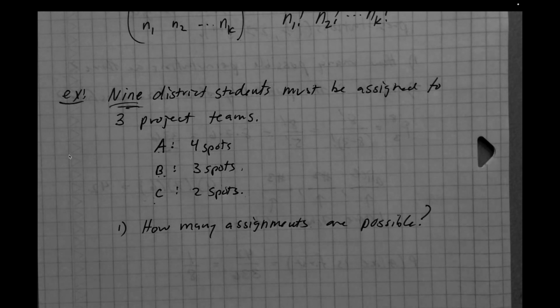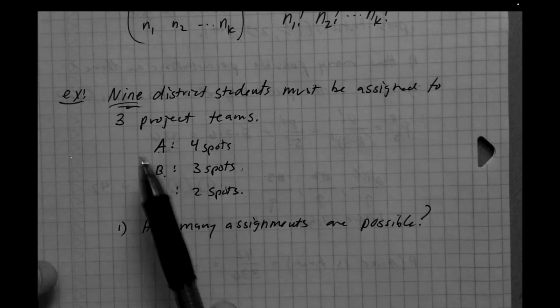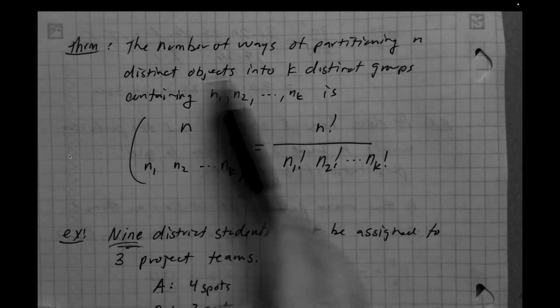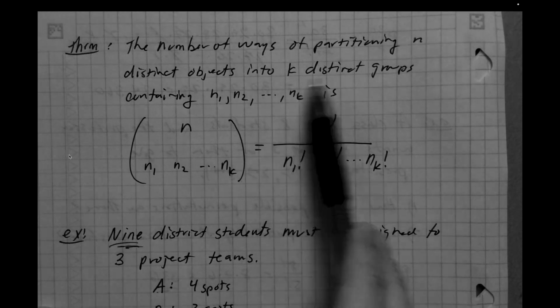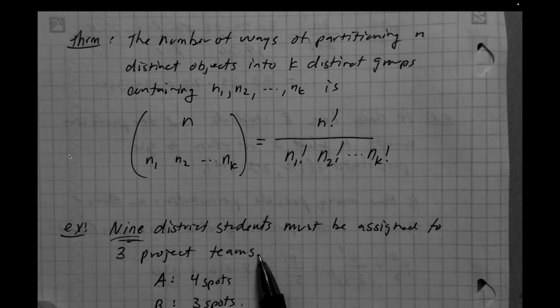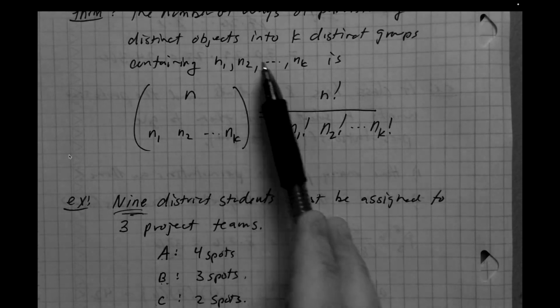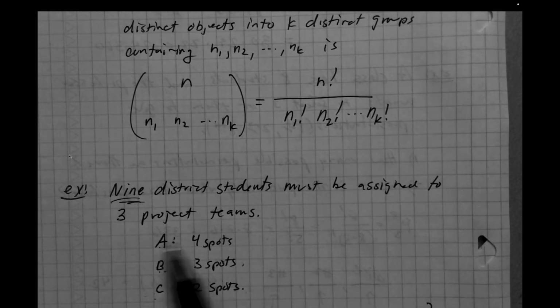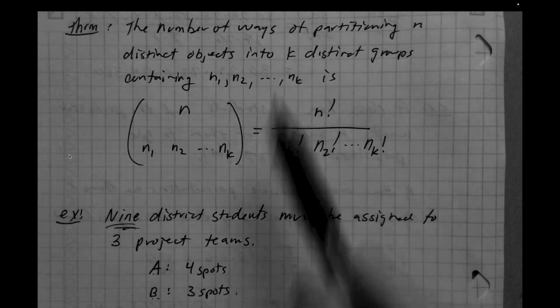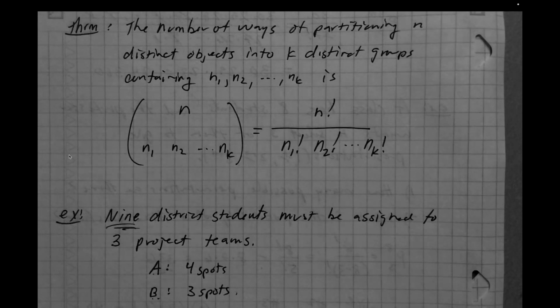So the first question is just how many assignments are possible? Well, this is a straight example of the theorem we just talked about. The number of ways of partitioning n distinct objects, like 9 distinct students, into k distinct groups, i.e. 3 project teams, containing n1, n2, nk elements respectively. A has 4 spots, B has 3 spots, C has 2 spots, is just this formula right here. And so this is n, n1, n2, n3.